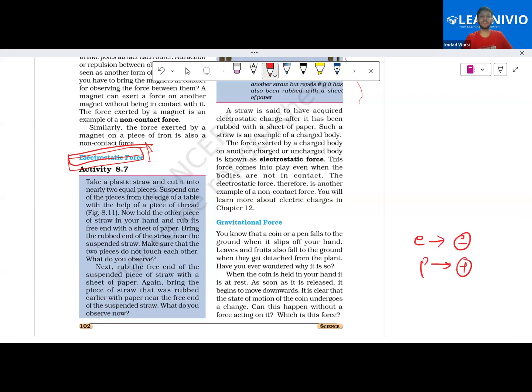So electrostatic force is the force due to electrons or protons. It can be electron-proton, proton-proton, or electron-electron.